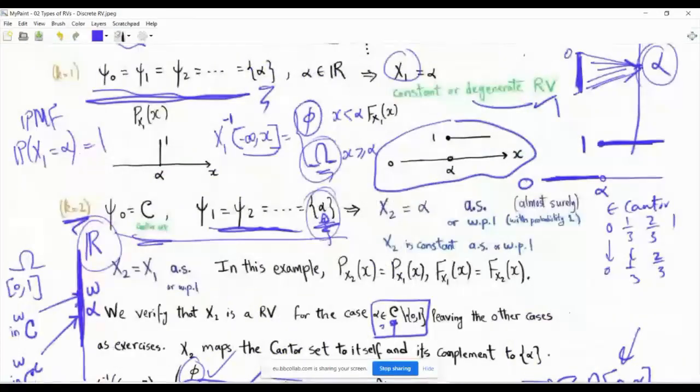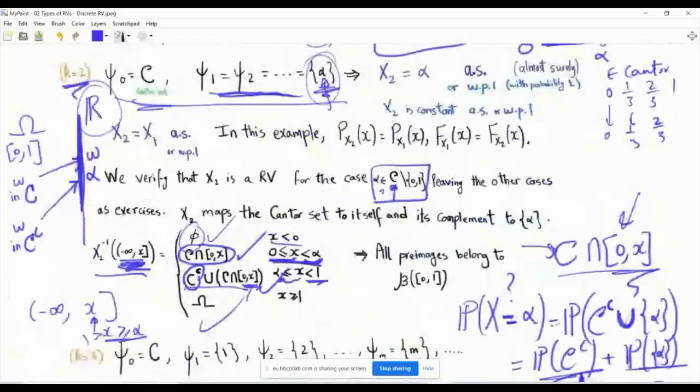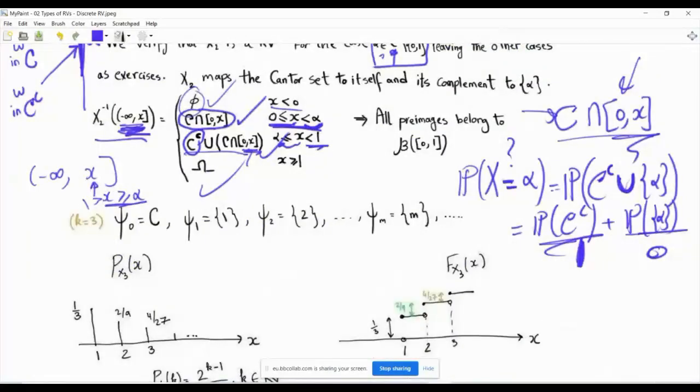If you remember how we did it, the complement of the Cantor set is simply a union of those intervals that we remove. You can keep track of the length of those intervals, and you can show that the sum of those lengths is exactly equal to 1, which means that the probability of the complement of the Cantor set is exactly equal to 1.